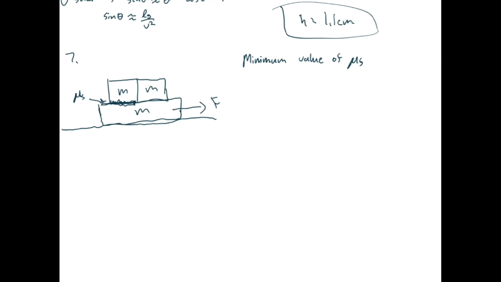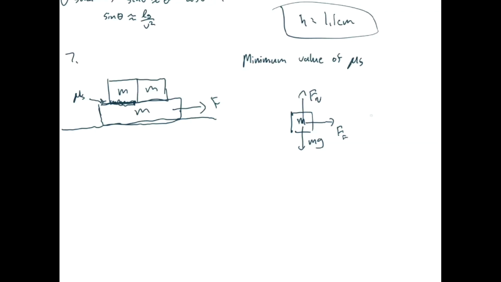So the standard way, whenever you see these problems, you can usually just draw some force diagrams to solve them. So this is the leftmost block. Let's draw a force diagram on that. So it has gravity and it has normal force. And in order for it to be pulled along with the other blocks, there has to be some friction in this direction.